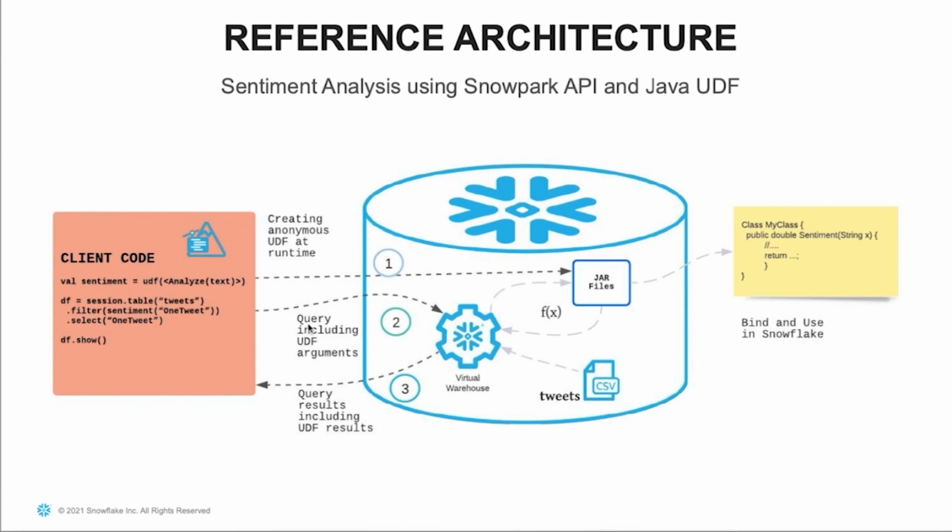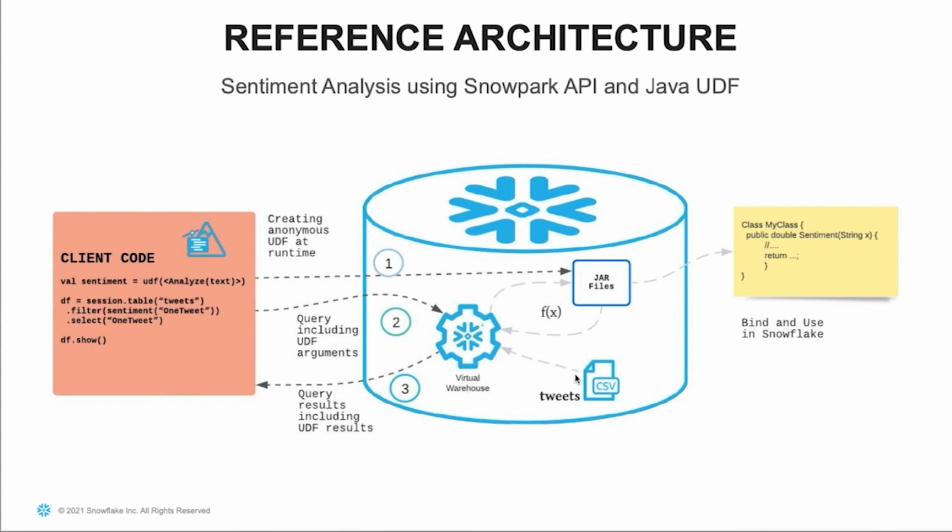Now note that during this whole process, there is no data movement between our client and Snowflake. All the code that we are trying to run is running, in fact, inside of Snowflake using the data in Snowflake.